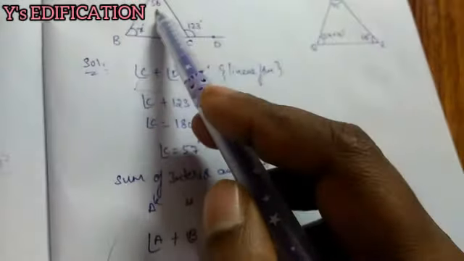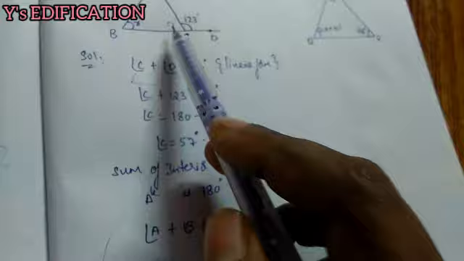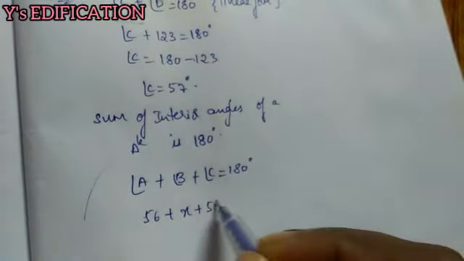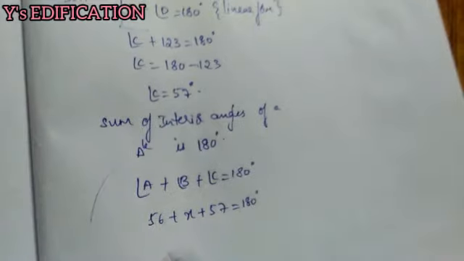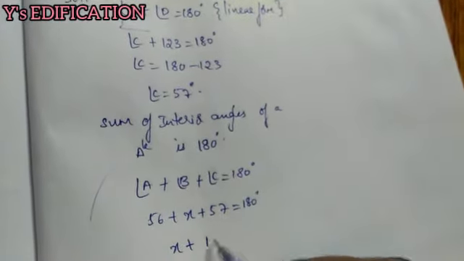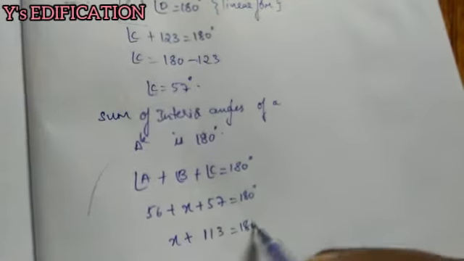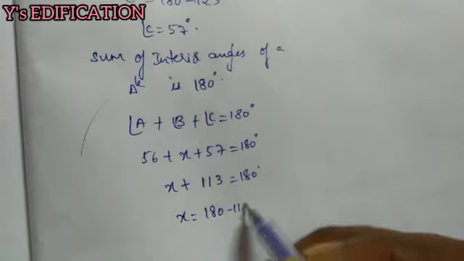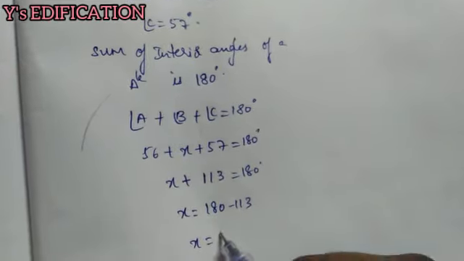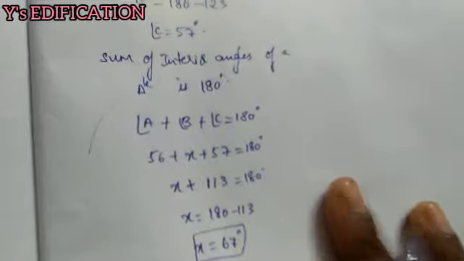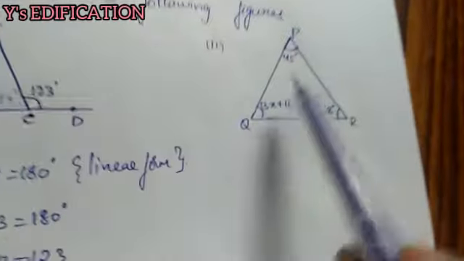A is 56, B is x, C is 57. So 56 plus x plus 57 is equal to 180. So x plus 113 is equal to 180. We want the x value, so 180 minus 113. So what is the x value here? 67 degrees.